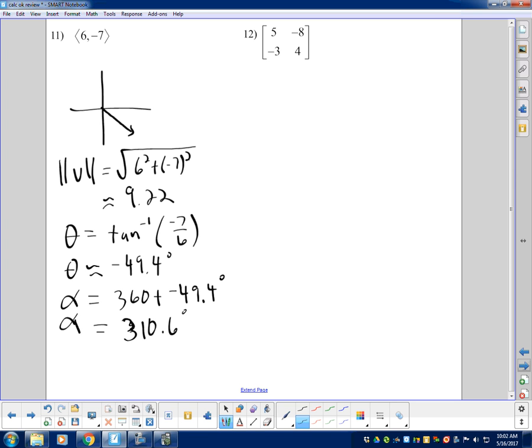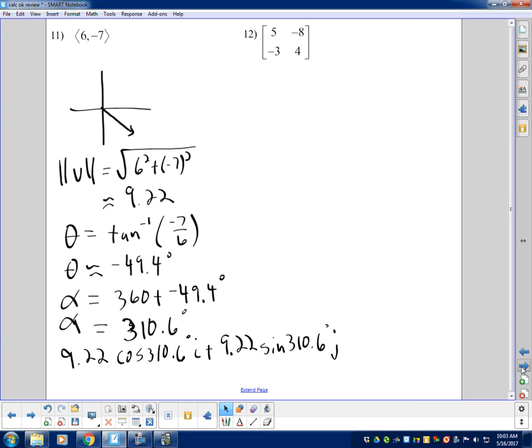And so in magnitude direction form, that's when we have the cosines and sines in it. It's 9.22 cosine of 310.6 degrees in the I direction plus 9.22 sine of 310.6 degrees in the J direction. So there it is.